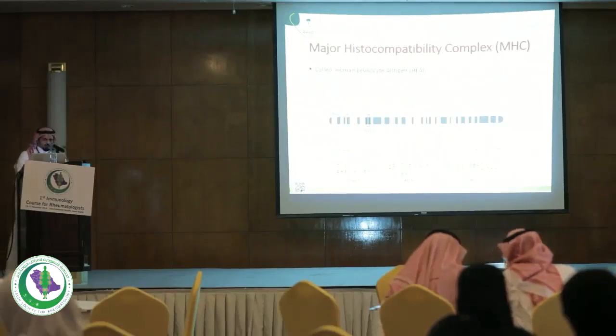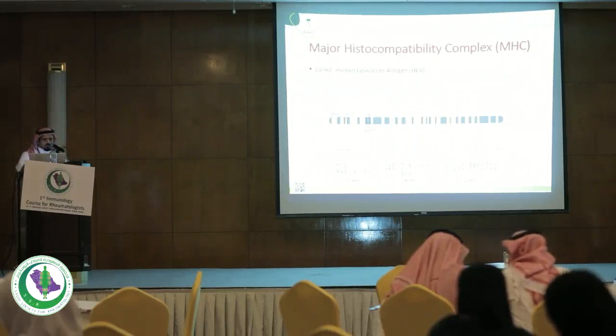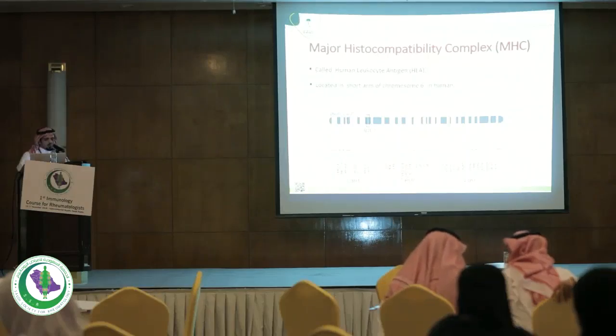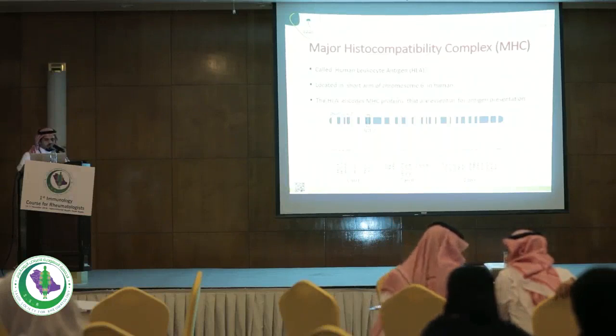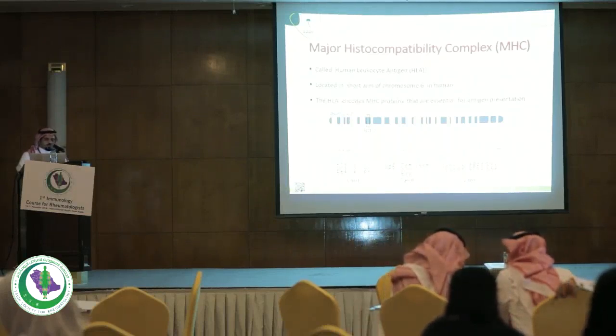The major histocompatibility complex, MHC, or in humans we call it HLA, the human leukocyte antigen, is located on the short arm of chromosome 6, and these HLA genes encode MHC proteins that are essential for antigen presentation.